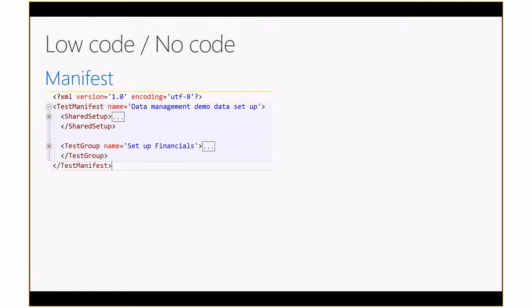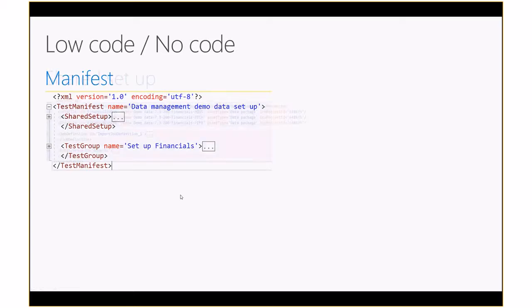The shared setup is where all the requirements around what data to use, what is the job configuration or the data project configuration, and what is the entity configuration that needs to be applied for a specific task or a specific test is defined. Then comes the test group. This is where all the tasks are defined, and we'll take a look at how that specific element looks like.